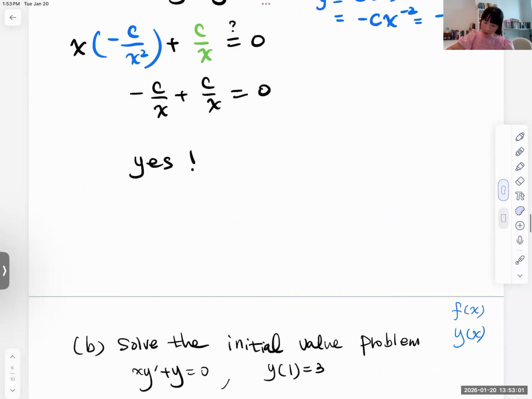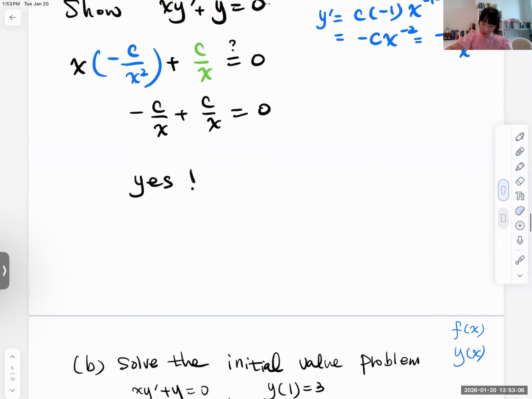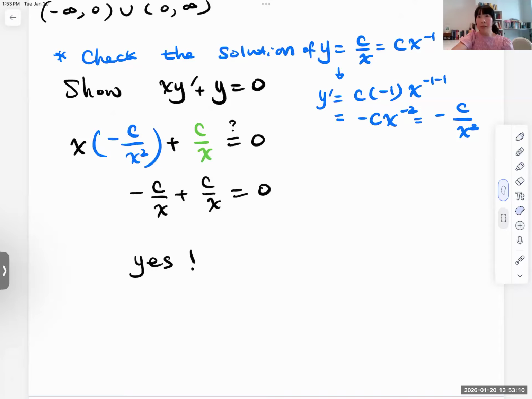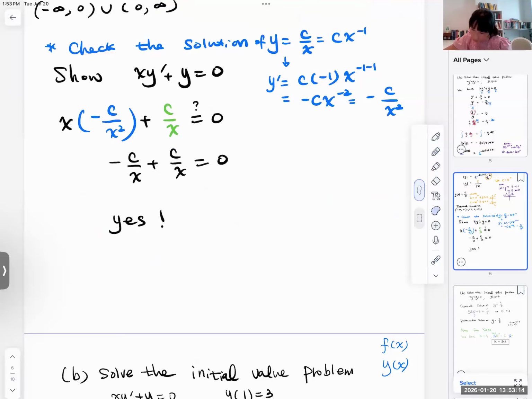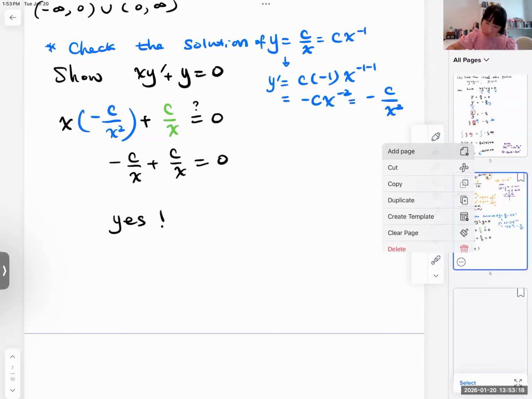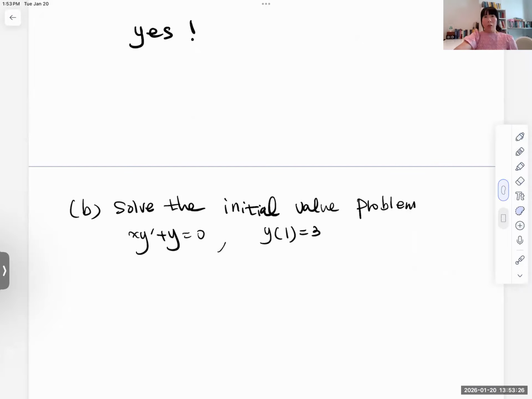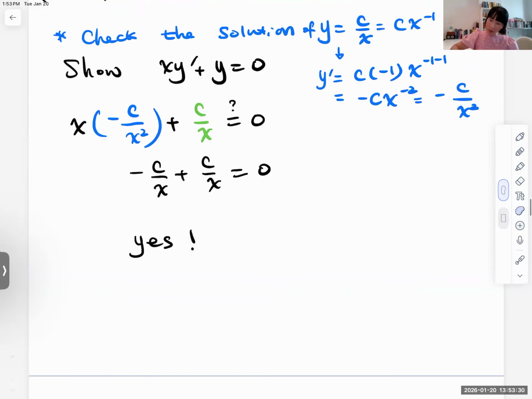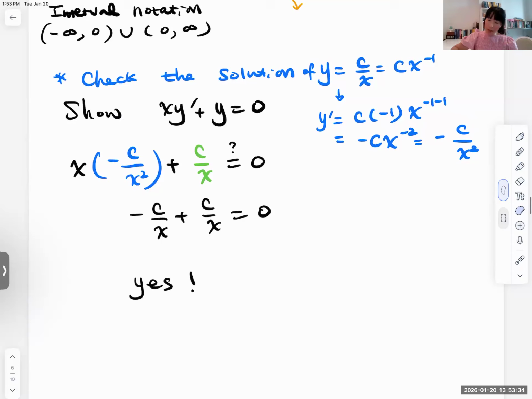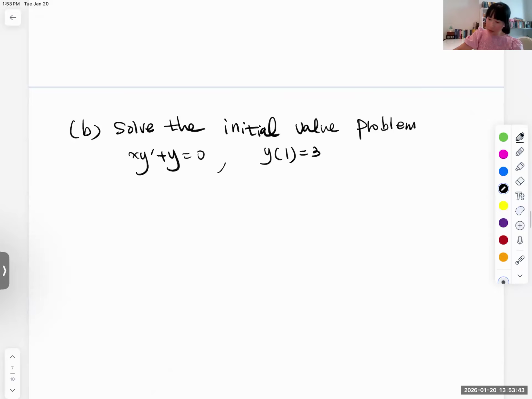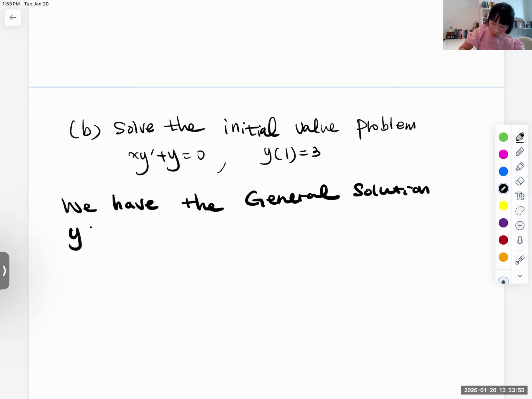Okay, so we have the general solution, y of x equal to c over x, right?